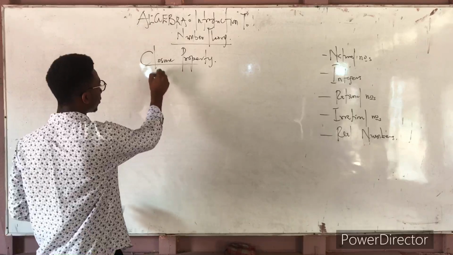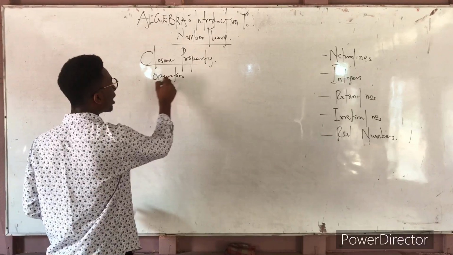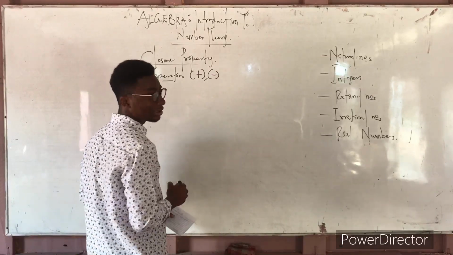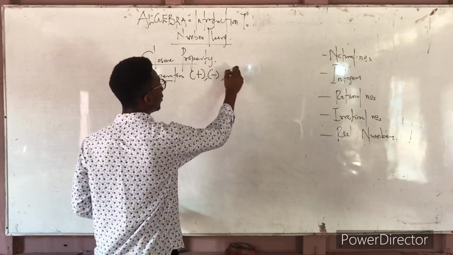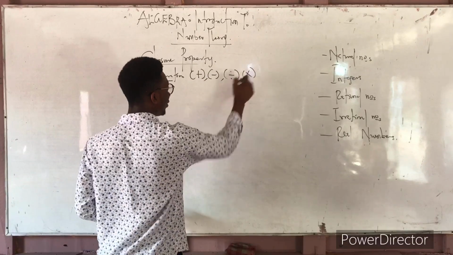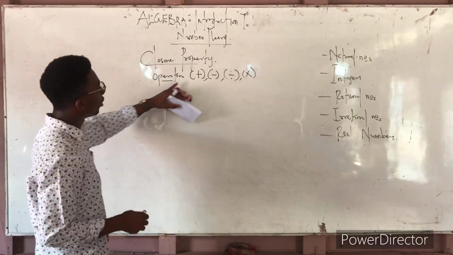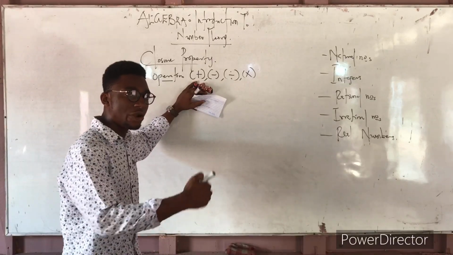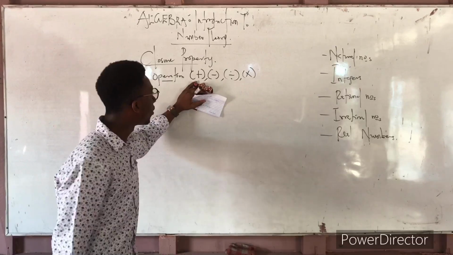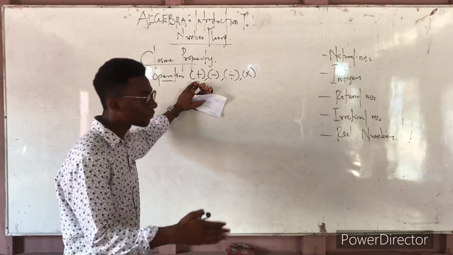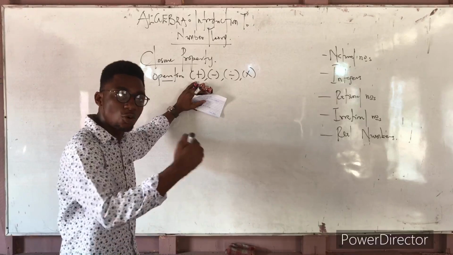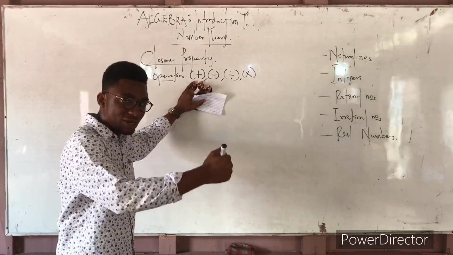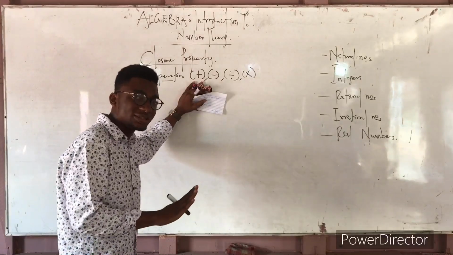If you operate with any of the operation signs, the addition sign, the subtraction sign, the division, the multiplication, on real numbers and the answer is a real number, then we say that operation is a closed property. So if you operate on any of these and you still get a real number, we say that operation is a closed property.